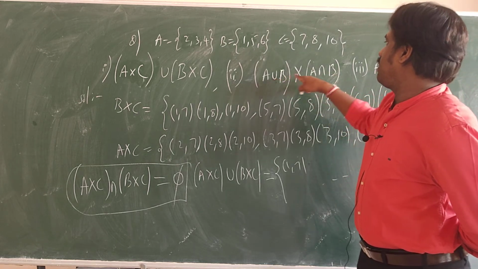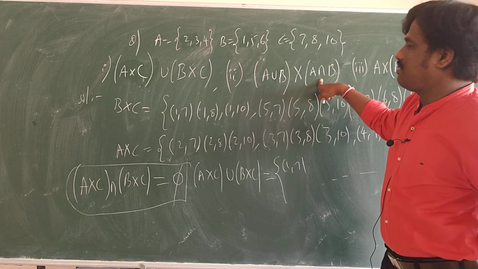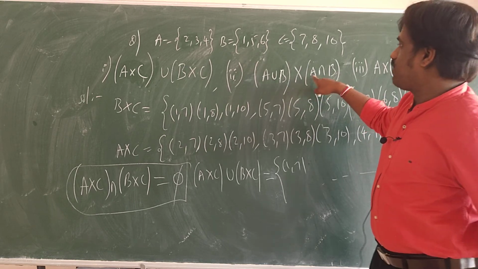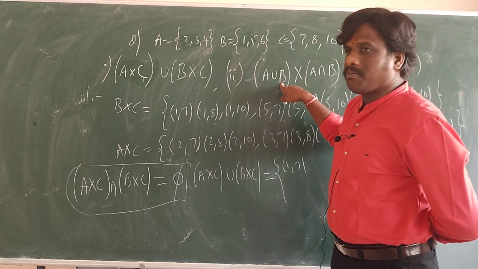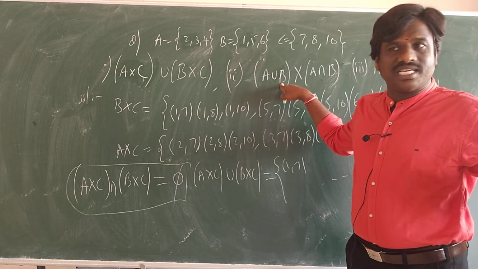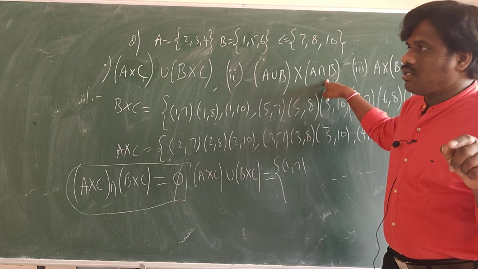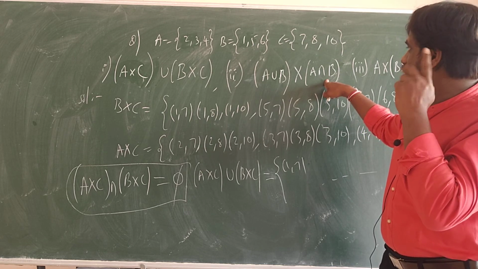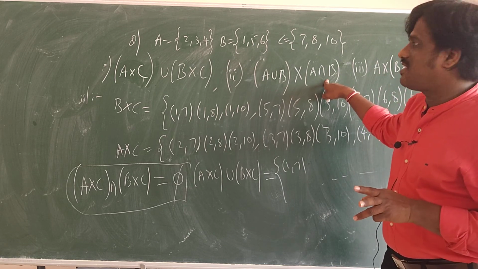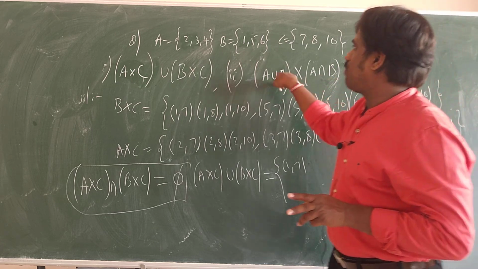A union B cross A intersection B. How to do? In this case, we find A union B, you get a set. In this case, A intersection B, I think you get phi. Right? A union B means what?